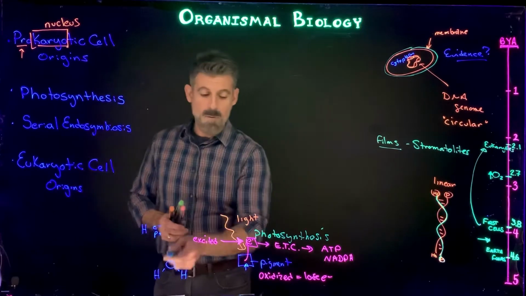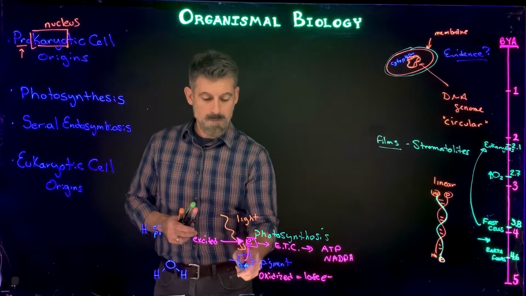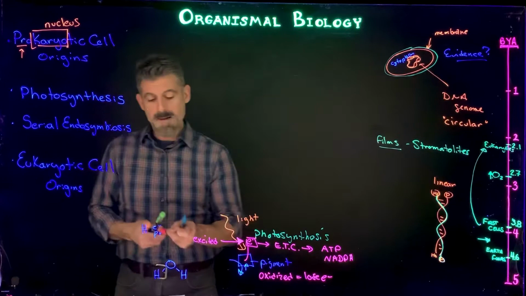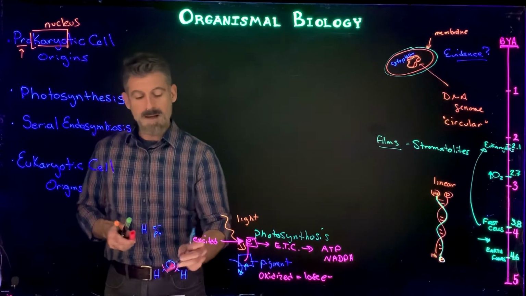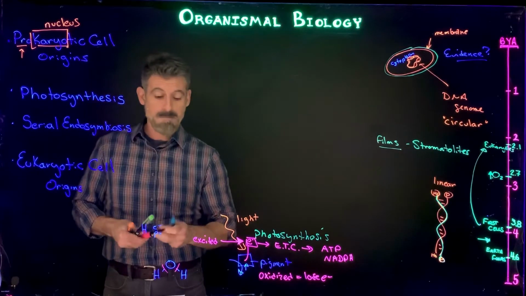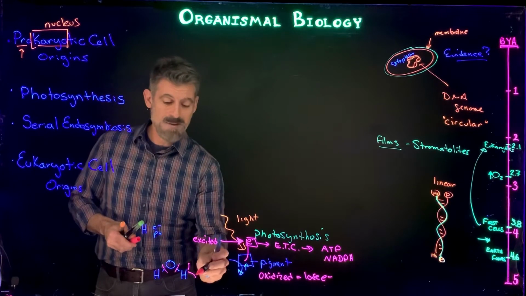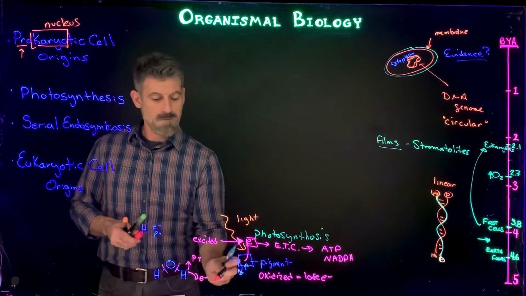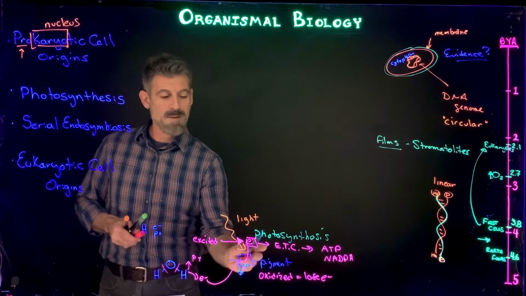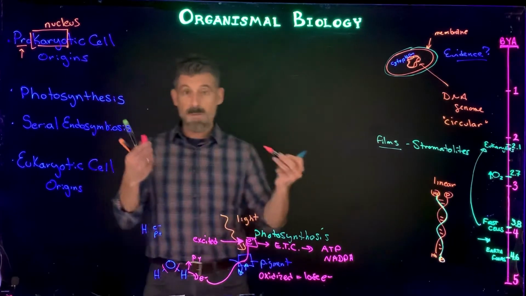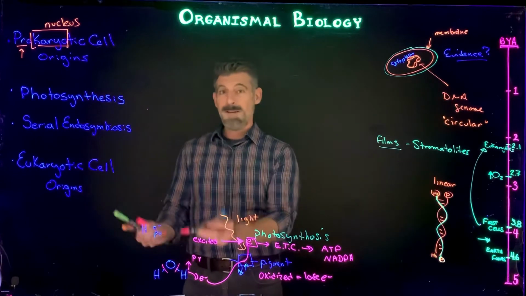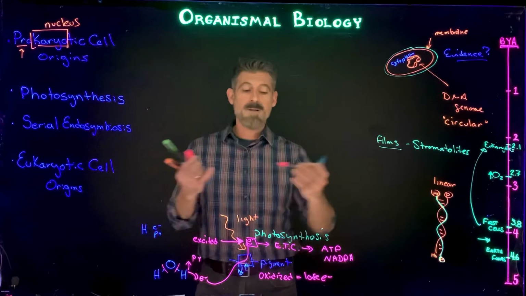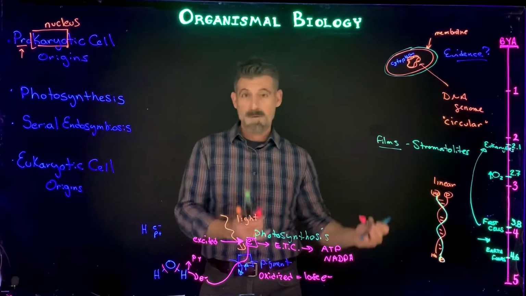And so the water molecules will come in here, and there's a special enzyme that will then break off the hydrogens from the oxygen, and it'll then split the hydrogens into their proton and electron form, and it'll use those electrons to replace the lost electrons. So essentially, part of photosynthesis is to split water so that you can get electrons to keep replenishing the electron transport chain and the photosynthesis process.